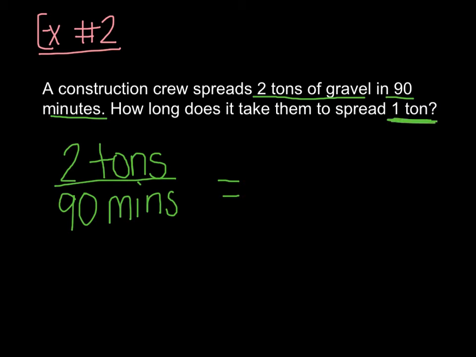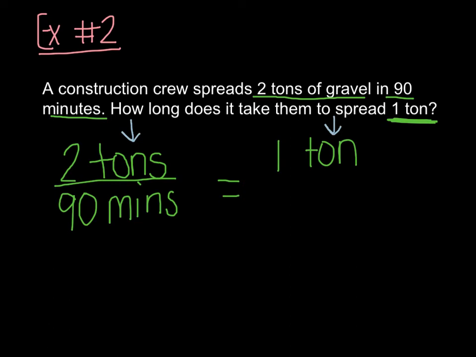So I know that I need to get to 1 ton. Now 1 ton has to be on the top because my units have to match up. I have tons on the top here, so I have to have ton on the top on the other side. You always want them to match up. Whatever's on the top, you want the unit to be the same thing.